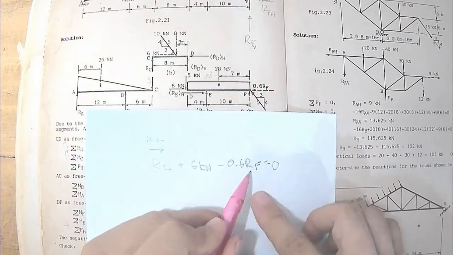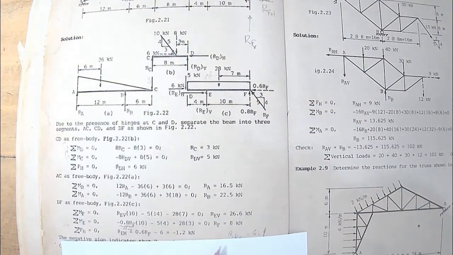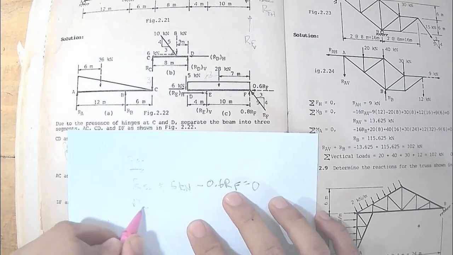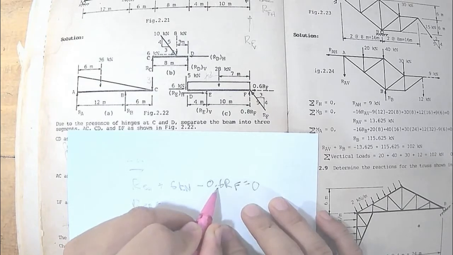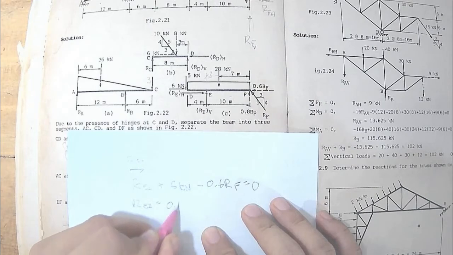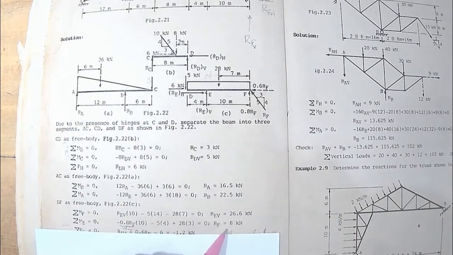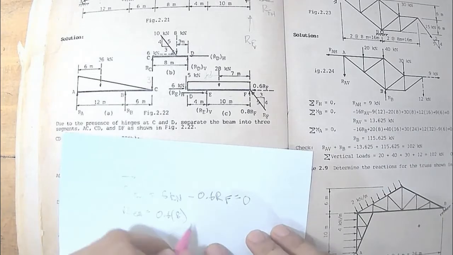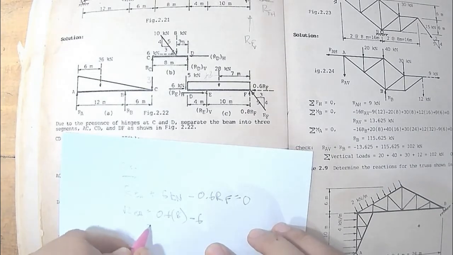But what is RF? It is equal to 8. So REH now is equal to, move the 0.6 outside, 0.6 times RF of 8. The 6 you transpose to the other side, minus 6.